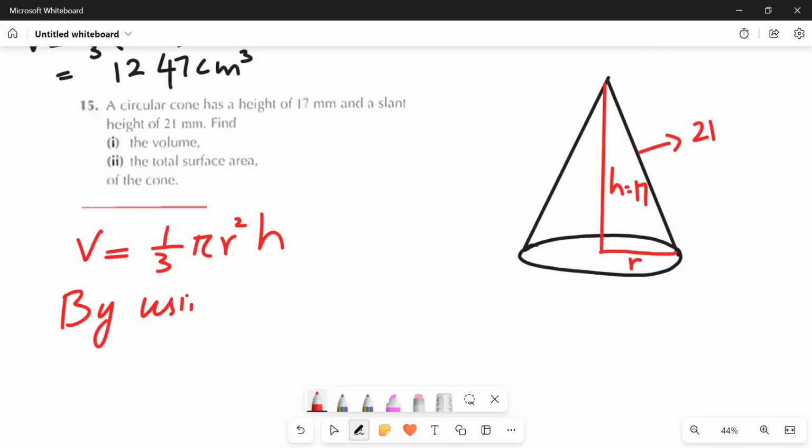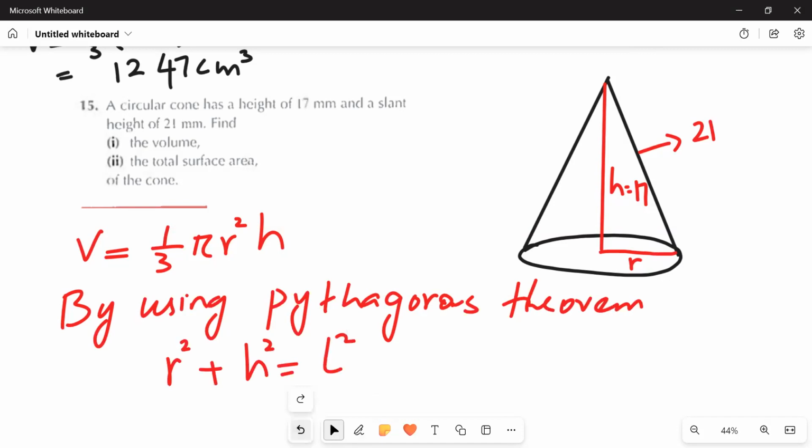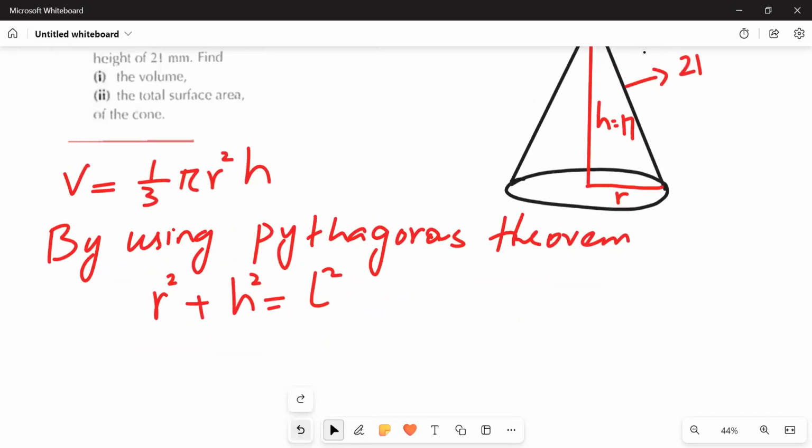Now again in the triangle, base square, that is r square, plus h square is equal to slant height square. So r, we don't know what r is.